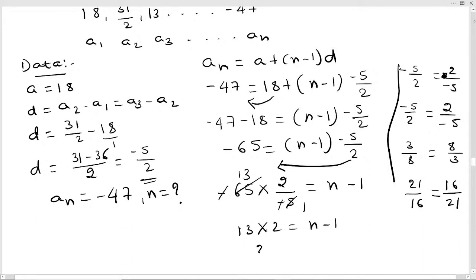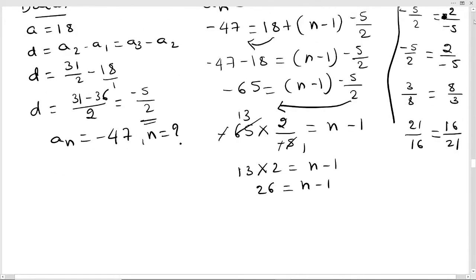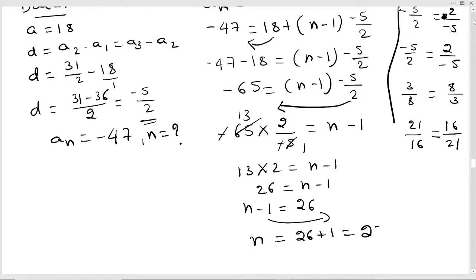Now 13 2s are 26 equals n - 1. I just wrote that in reverse order: n - 1 = 26. Now send -1 to the right hand side, so n = 26 + 1, the answer is 27.